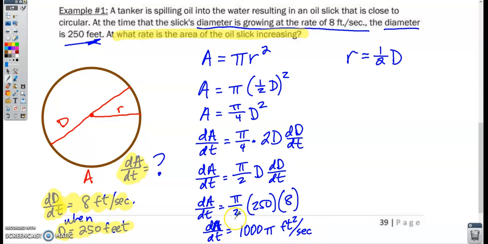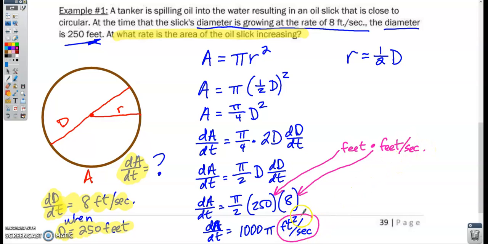So that's going to be my unit for the change of area. One other way that I could have done that is, if I look at this, 250 is measured in feet, pi over 2 doesn't have any units, and this 8 is measured in feet per second, and so this is feet times feet per second, and if we do the arithmetic on that, we end up back at this unit right here.